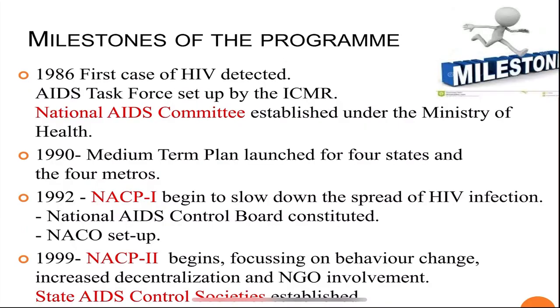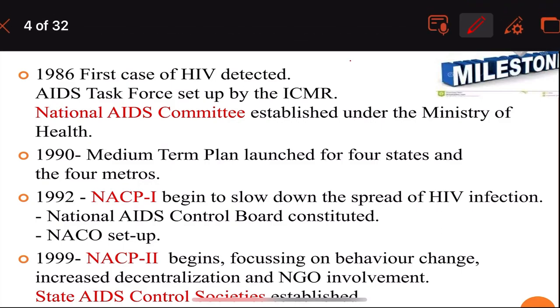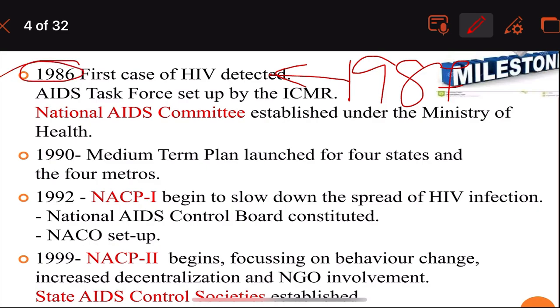Moving on to the milestones of the program, the first case of HIV was detected in the year 1986. We know the program was launched in the year 1987. The AIDS Task Force was set up by ICMR.